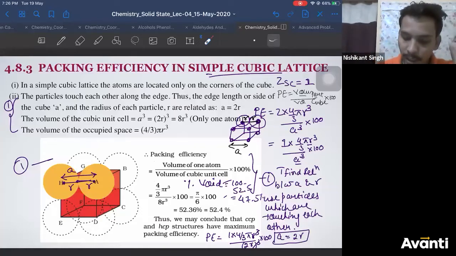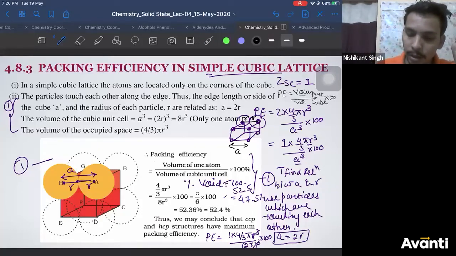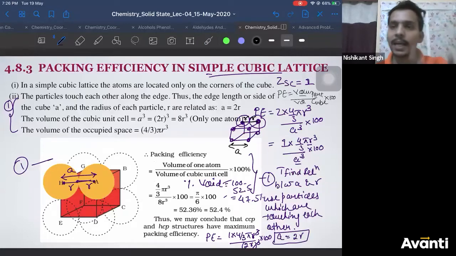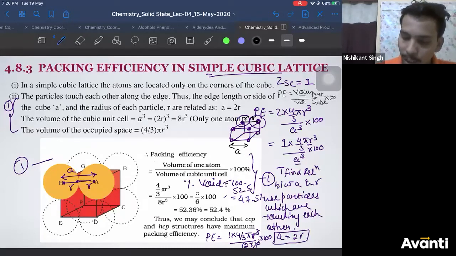Now, let's say we assume the edge length of the cube to be A. So what is my edge length here? I can say CD is my edge length, or HA is also your edge length.